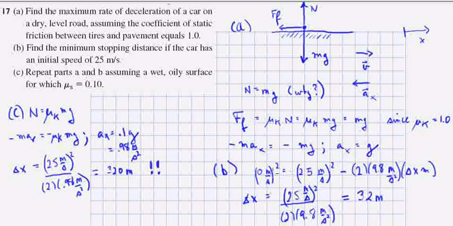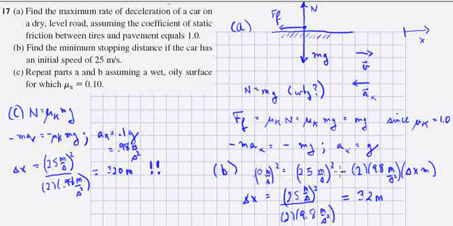So now we can use one of the four kinematic equations, in fact the equation that does not include time. The final velocity, 0 meters per second, squared, is equal to the initial velocity, 25 meters per second, squared, plus 2 times the acceleration.